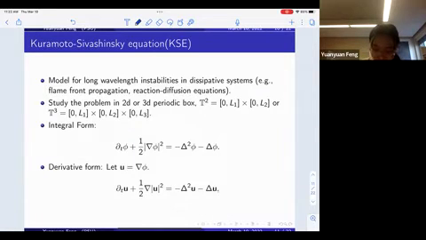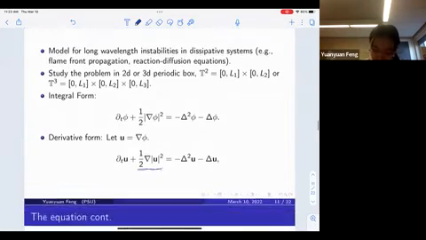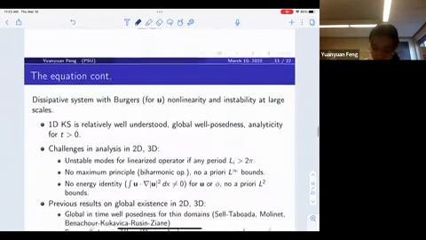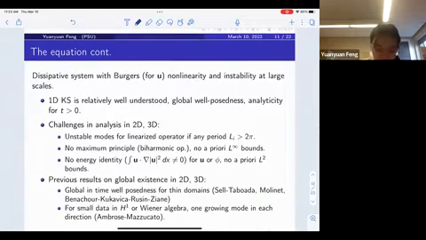If we look at the derivative form, this nonlinearity is a Burgers type nonlinearity, and it may have instability at large scales.